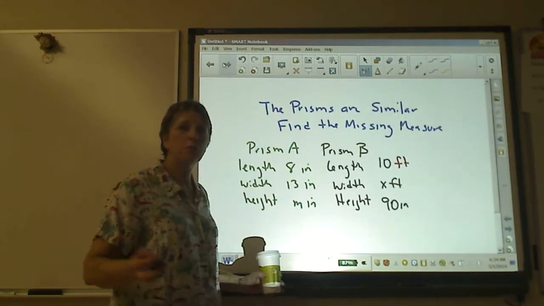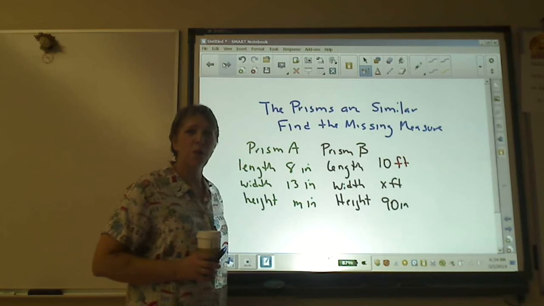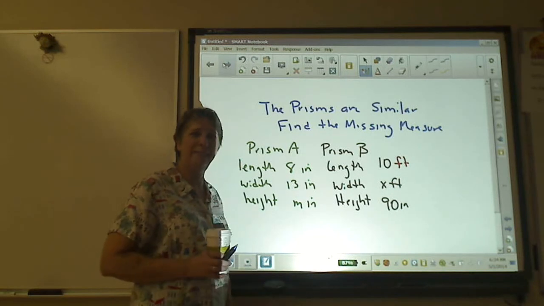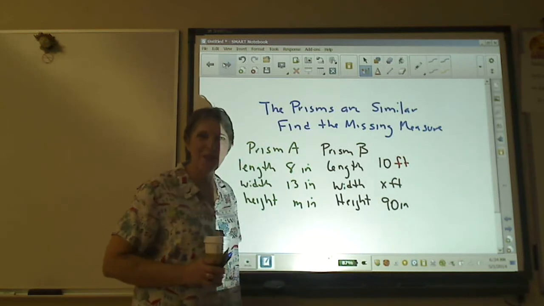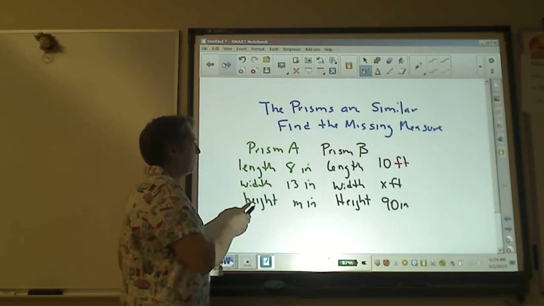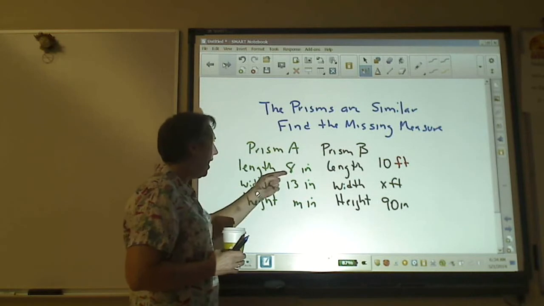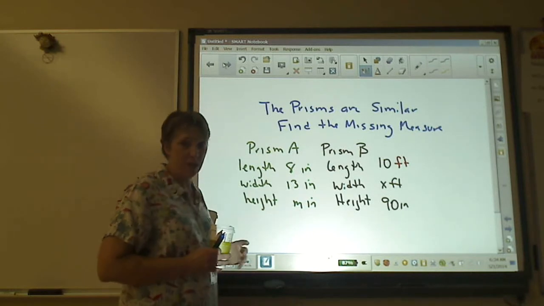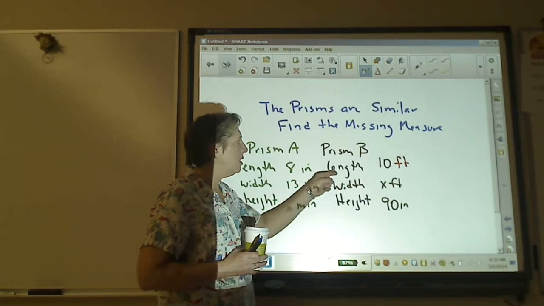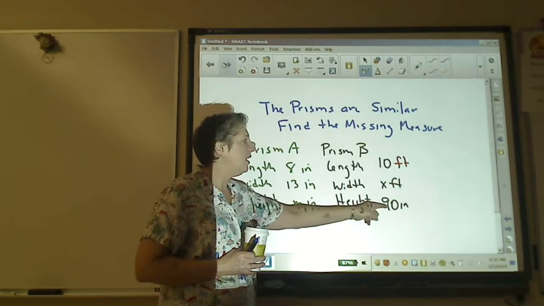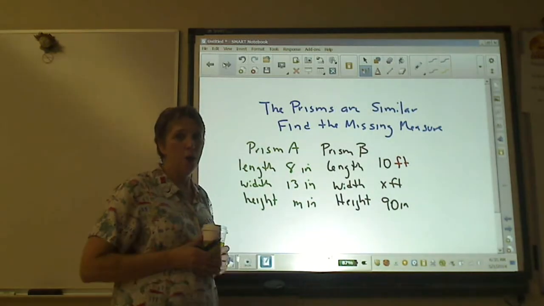So here we go. The prisms are similar. Duh. Find the missing measure. Now here, notice what I put. We have prism A, prism B. 8 inches, 13 inches, and M inches. This one is 10 feet, X feet, and 90 inches. Uh-oh.